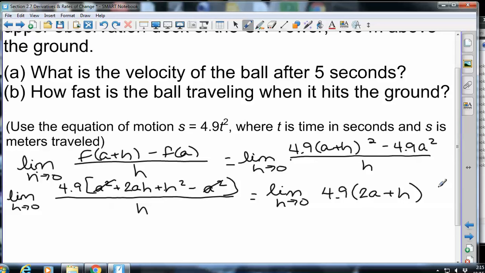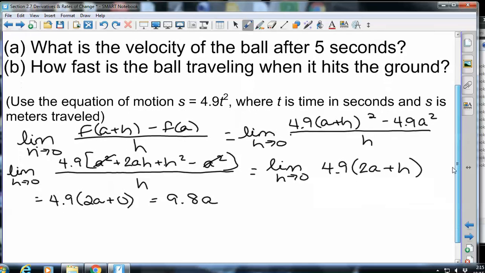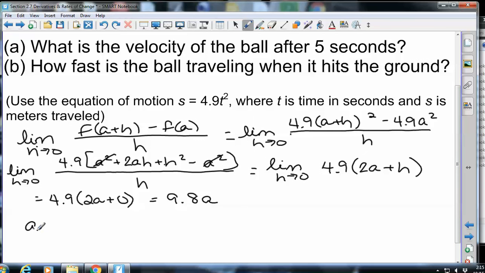Is everybody with me there? Now we can plug in if our h is 0. We get 4.9 times 2a plus 0. So that's 9.8a. So that's really our velocity formula.